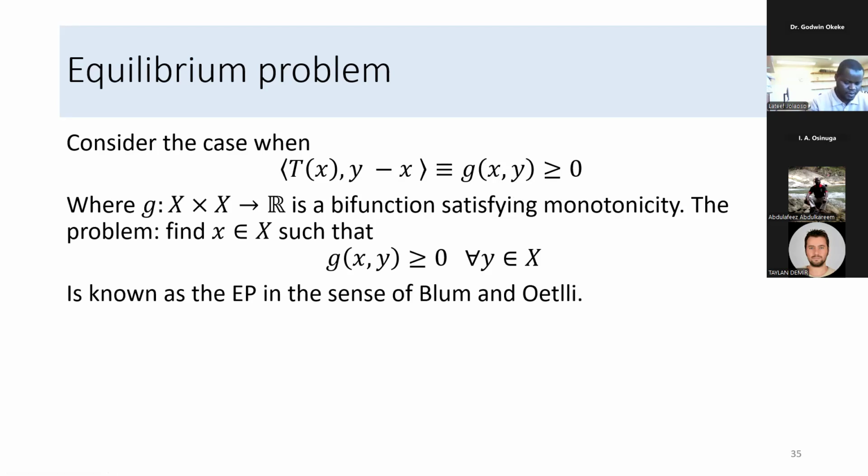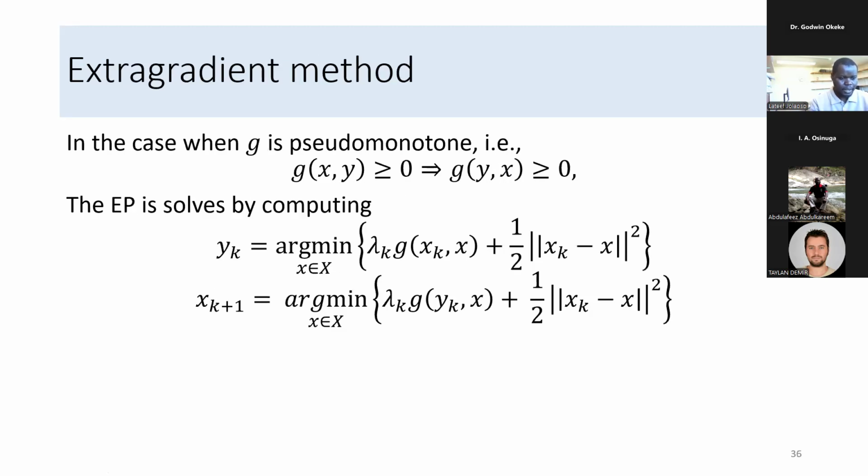So we have several results going on in this aspect. And since these problems are equivalent, we could always build from the knowledge of one to the other. So these are just building from the knowledge of variational inequality into the extra gradient method, with several authors formulating several algorithms from the extra gradient as well as the subgradient extra gradient and so on and so forth.